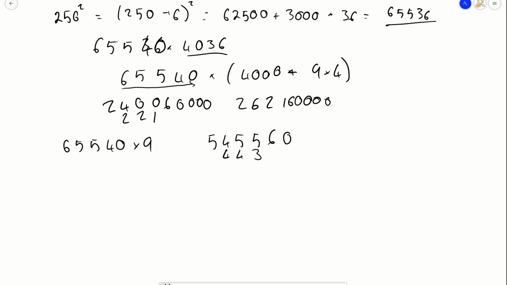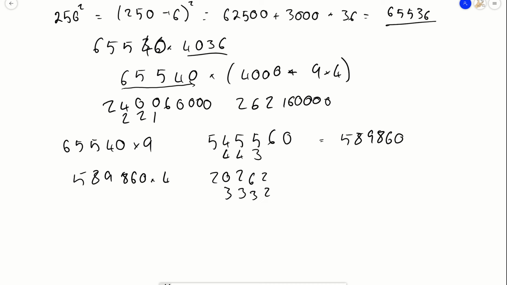Okay, so obviously that's 3 8 9 8 6 0, and then we do that by 4, so 5 8 9 8 6 0 times the 4. Okay, so that becomes 2 0 3 2 3 6 3 2 2 4, and so then we get 2 3 5 9 2 4.